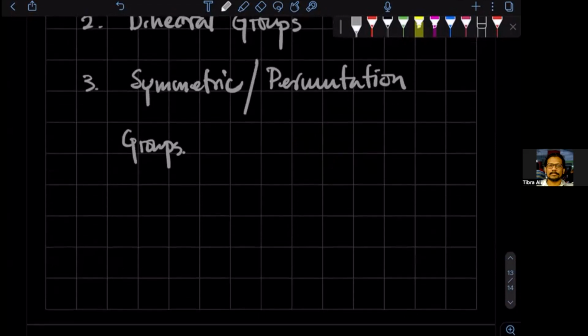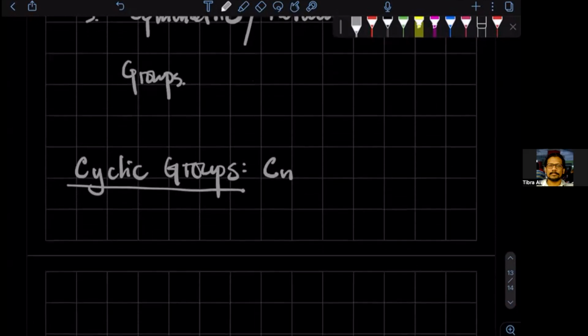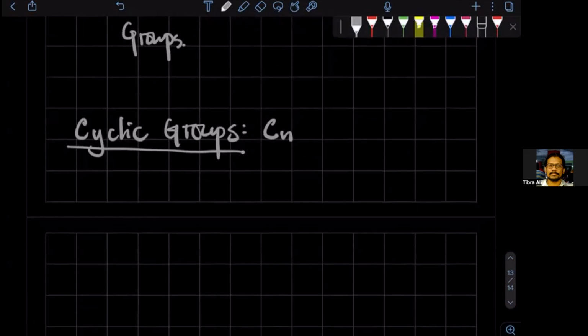All right, so first, let's discuss the cyclic groups. They are usually denoted by Cn, and mathematicians call them something else. We will come to that shortly.